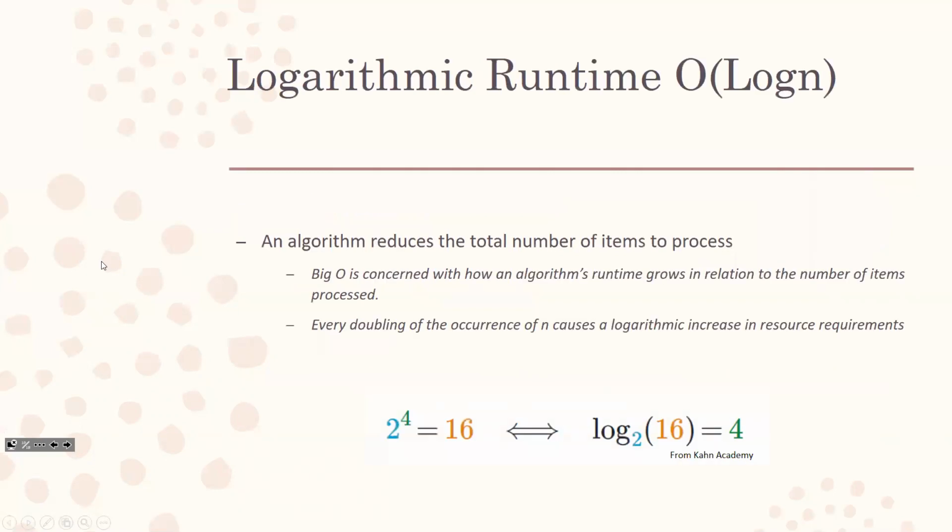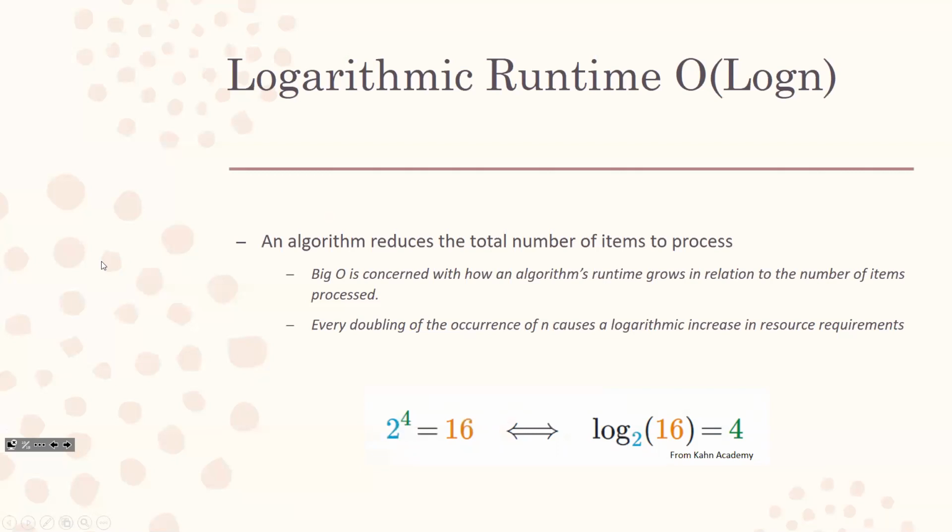Now, the next type of runtime that we might encounter is the logarithmic runtime, O(log n). Whenever we're talking about a logarithmic runtime, it's like item A is being compared to all of the items in set B. So if we add more items to set B, we're going to add to our runtime.